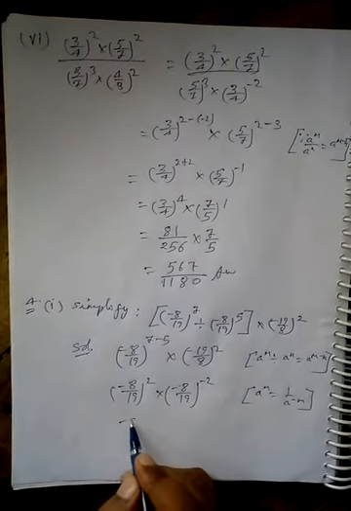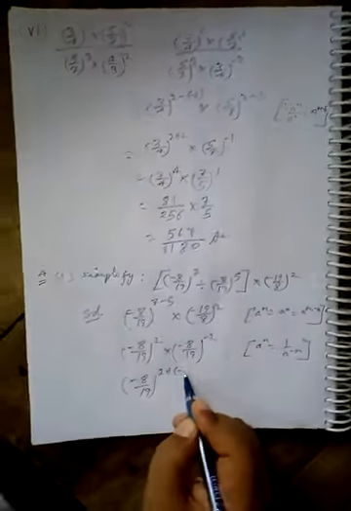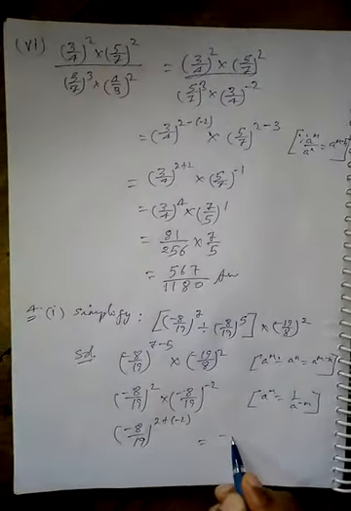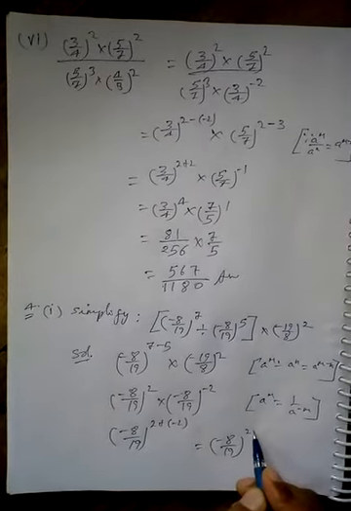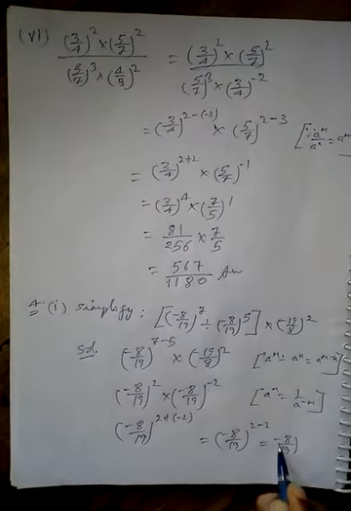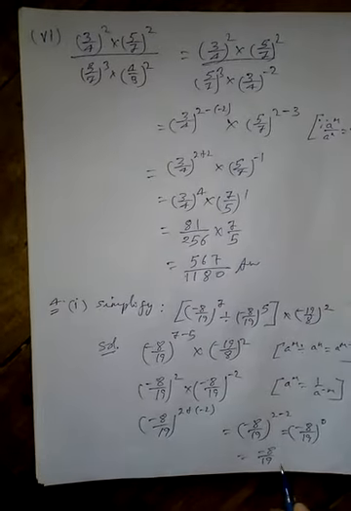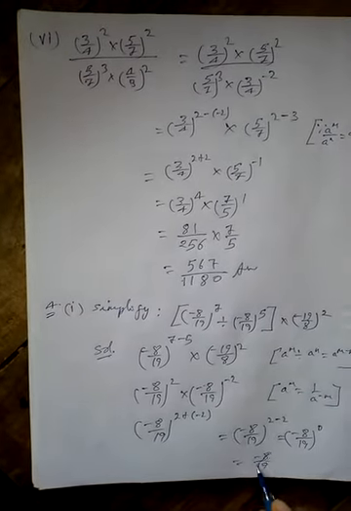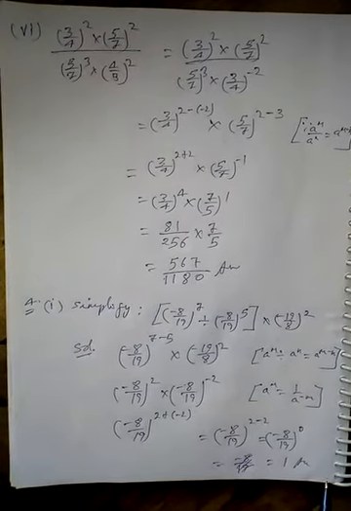Now same base are multiplied, exponents will be added. (Minus 8 upon 19) raised to the power 2 plus minus 2 gives you (minus 8 upon 19) raised to the power 0. 0 means it gives you 1. Any number to the power 0 is 1.